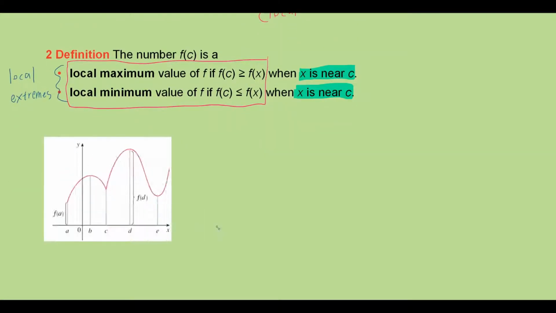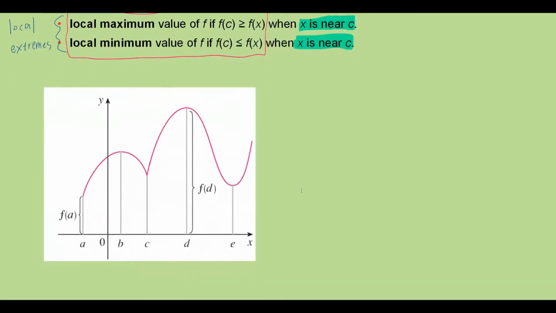Let's say we have this function right here. And let's start by looking for global maximum, right? Let's start with global extremes. Meaning you want to look for the highest point and the lowest point of the graph, right? So the lowest point is probably right here, it's A. Right?